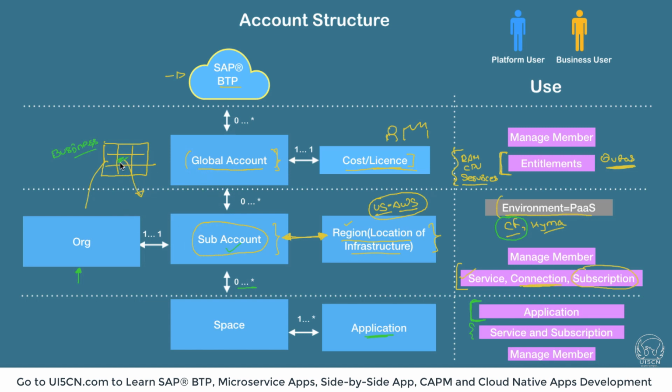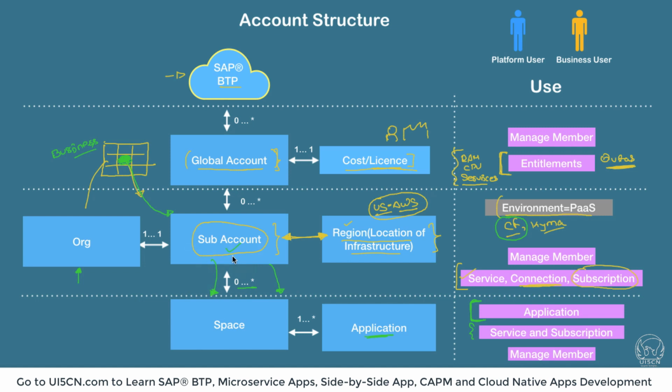So you have some kind of quota, and out of that, a lot of quotas which the company purchased, a few of the resources are provided to the sub-account, and then the sub-account passes down those quotas to multiple spaces which are created within that sub-account.